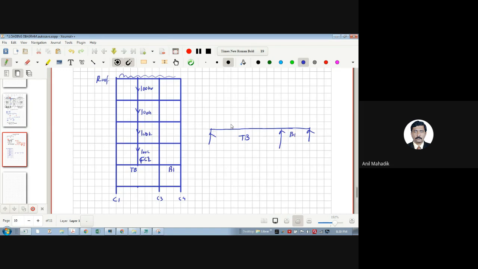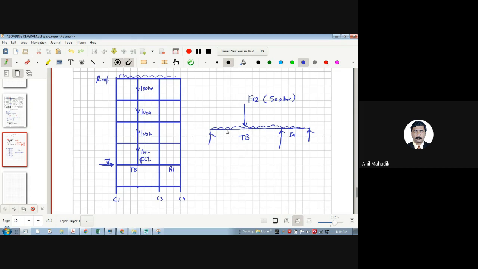I will have the slab load and other loads at this level, and I will have a point load of FC2, which is the cumulative load, nothing but 500 kilonewton in our case. So this will be a huge point load on this beam.